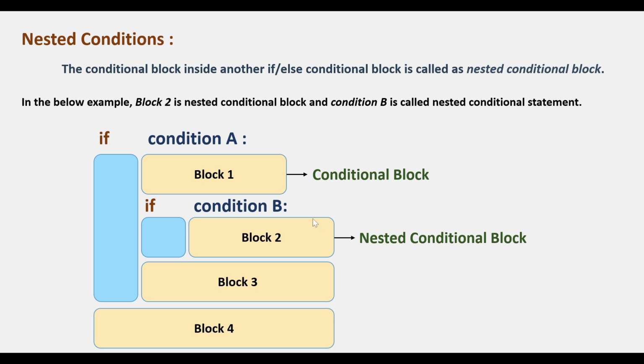Let's see here. A conditional block inside another if else conditional block is called a nested conditional block. In the below example, block 2 is a nested condition. Block 1 is the first if condition. Block 2 is another if condition. The conditional block of condition B is called a nested conditional statement.